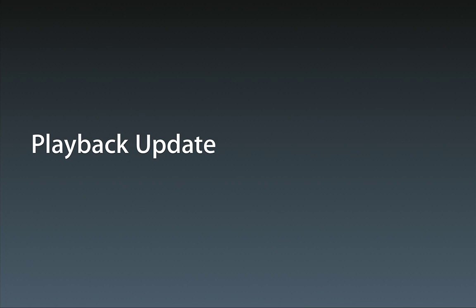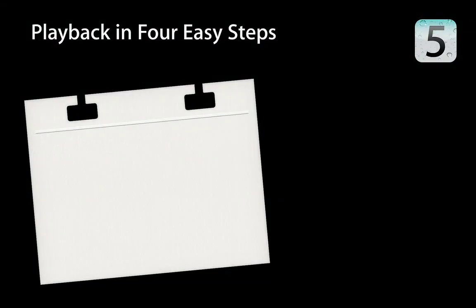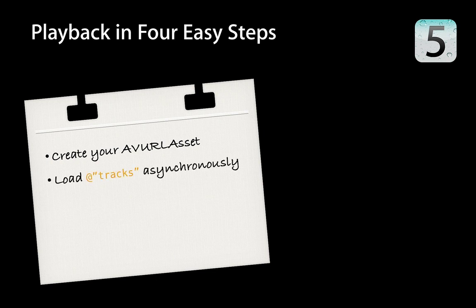Enhancements to playback in AV Foundation since last year. Last year, I gave you this recipe for achieving basic playback in just 4 easy steps. The first step was to create your AV URL asset. Then, using the AV asynchronous key value loading protocol, you loaded the tracks.